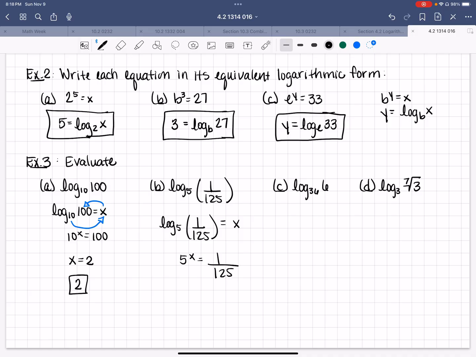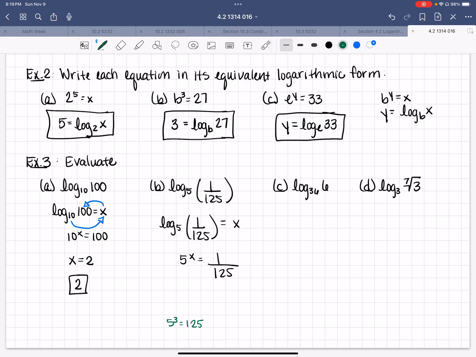Now here's the deal. I know that 5 to the 3rd power equals 125. Well, how do I get that in the denominator?